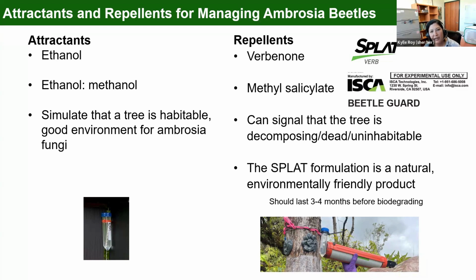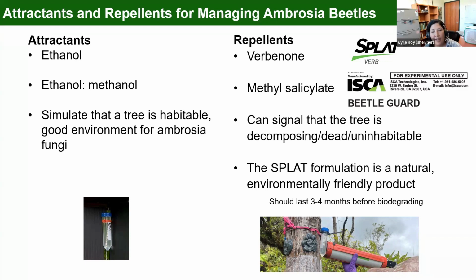We tested those compounds in what's called a SPLAT formulation. SPLAT stands for Specialized Pheromone and Lure Application Technology, and it is made by a company called Iskatech. We tested one product called Splat Verb that just contained verbenone, and a different product called Splat Beetle Guard, which has verbenone plus methyl salicylate.